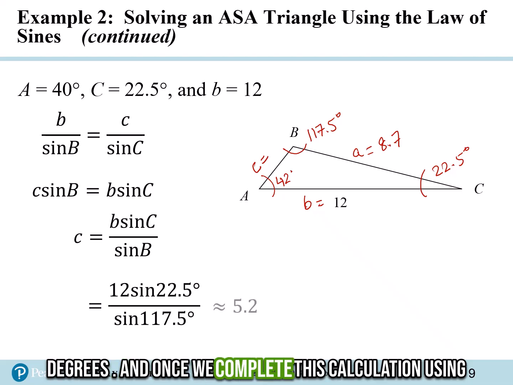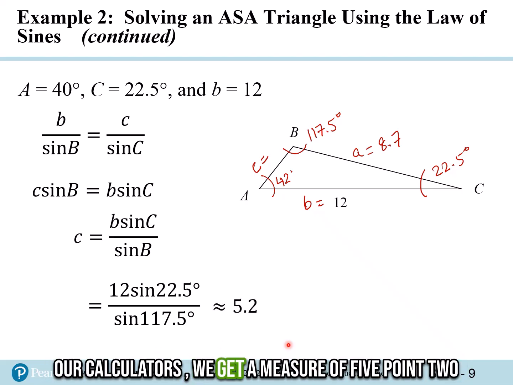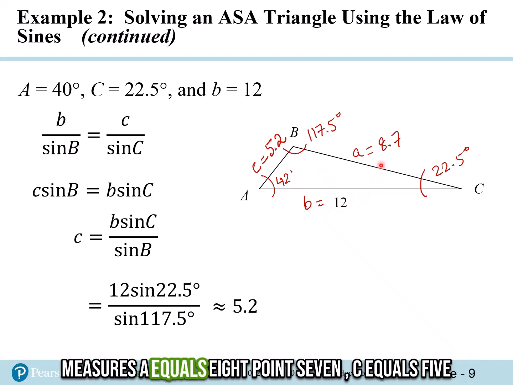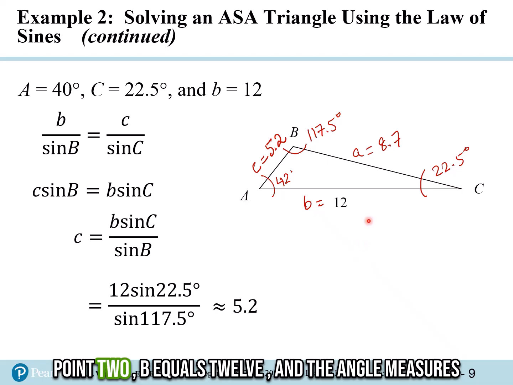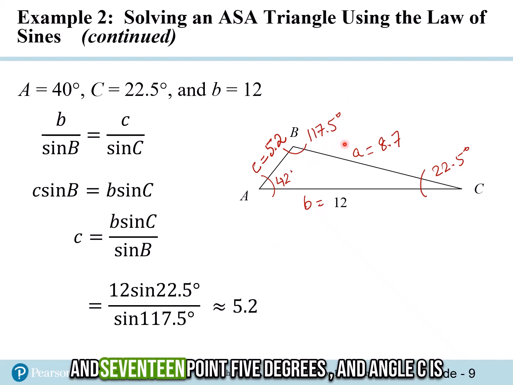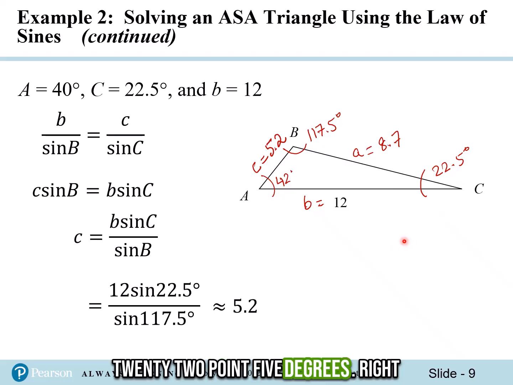And once we complete this calculation using our calculators, we get a measure of 5.2 for the length of side C. Therefore, the three sides have measures A equals 8.7, C equals 5.2, B equals 12, and the angle measures are angle A 42 degrees, angle B 117.5 degrees, and angle C is 22.5 degrees.